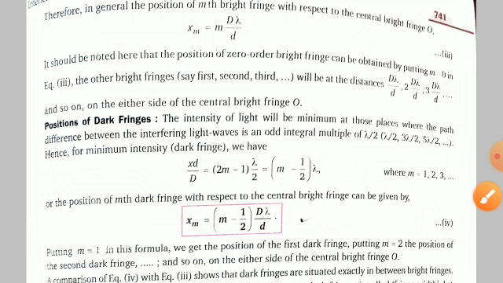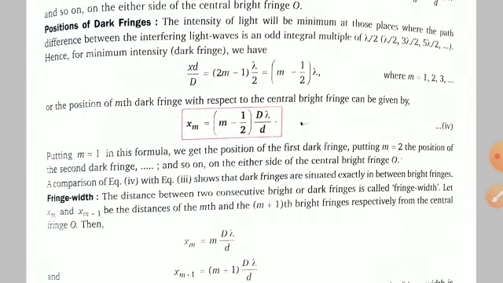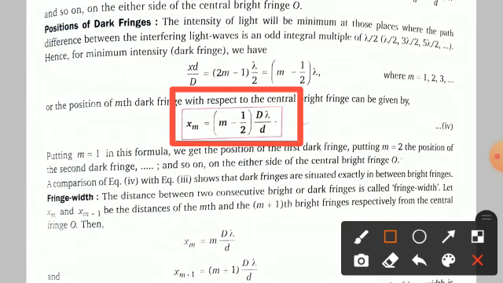The position of the mth dark fringe with respect to the central bright fringe is xm is equal to (m minus 1/2) D lambda by d. If you put m equal to 1 in this formula, you get the position of the first dark fringe; putting m equal to 2 gives the second dark fringe, and so on, on either sides of the central bright fringe.